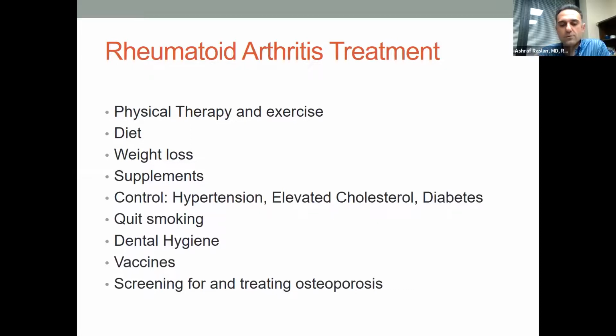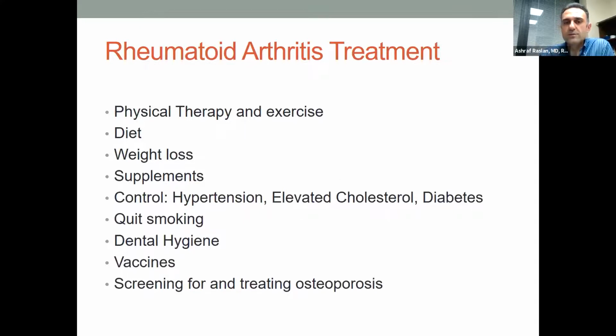Exercise keeps the joints healthy and more flexible. It can even increase the health of the joint and the cartilage, and it keeps the muscles stronger. When the muscles are stronger, it prevents weakness, and it can also protect the joints from further damage.